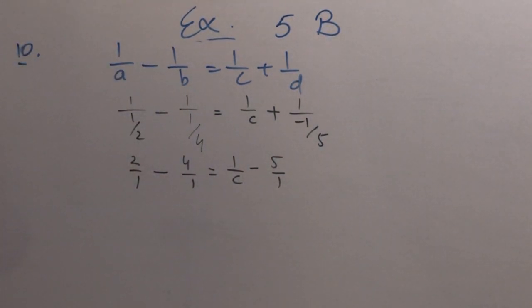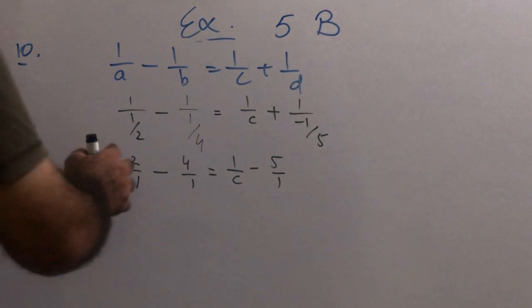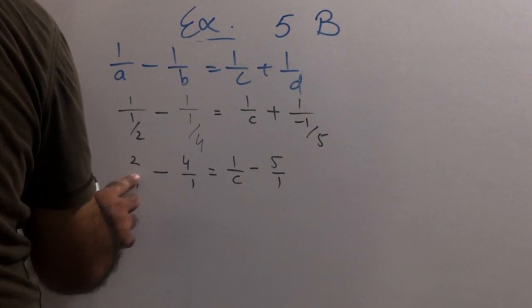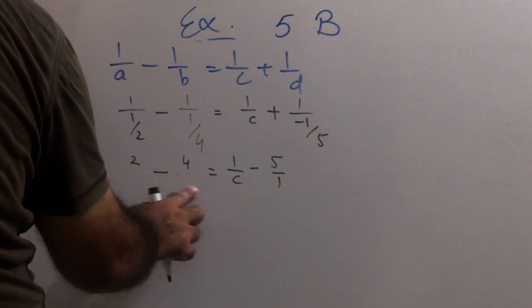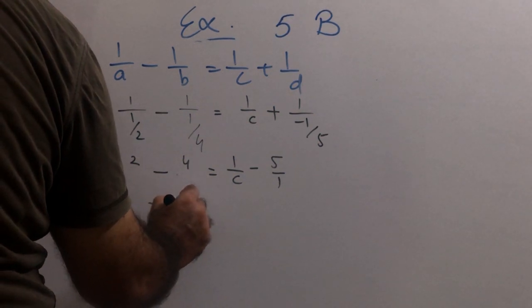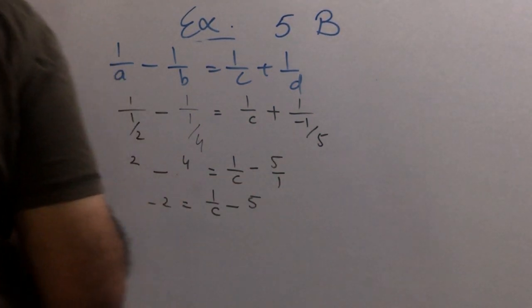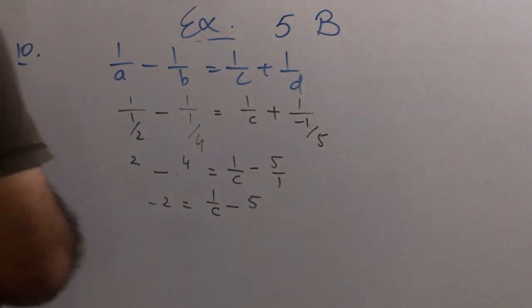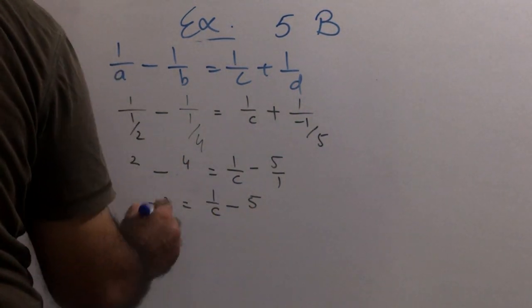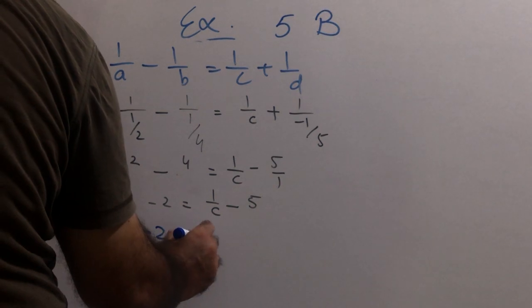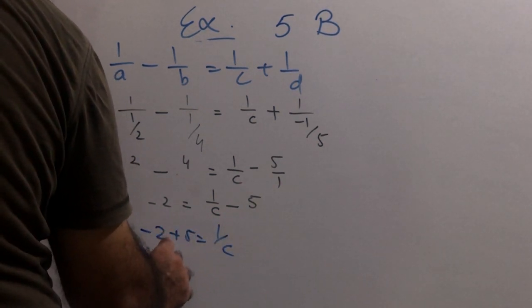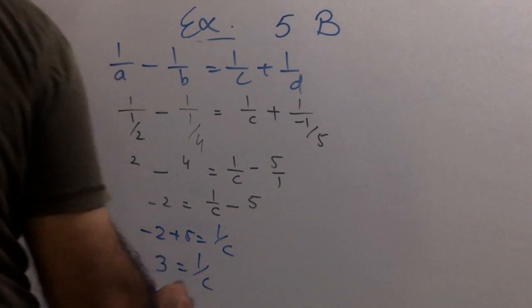Now 2 over 1 means this is 2, 4 over 1 means this is 4, 2 minus 4 is minus 2, this is 1 over C minus 5. Now we will take this minus 5 to the other side, it becomes plus 5, it becomes 3 is equal to 1 over C.